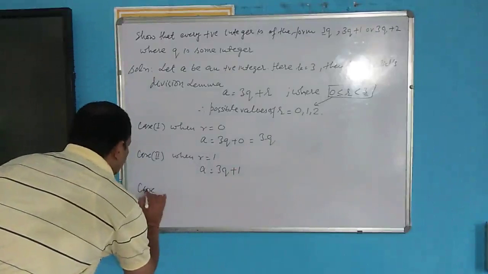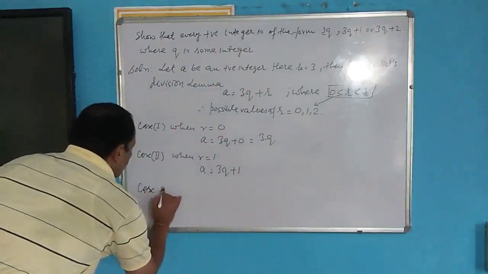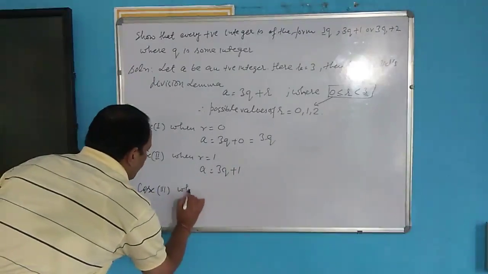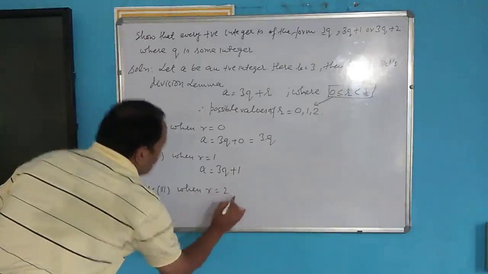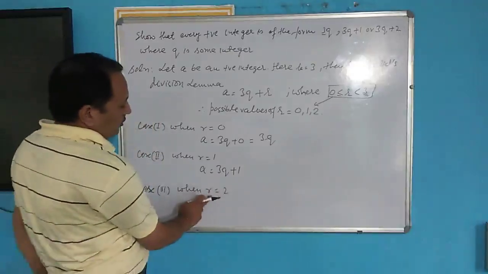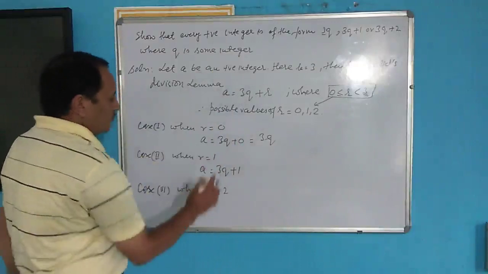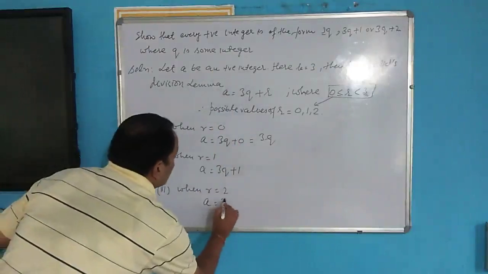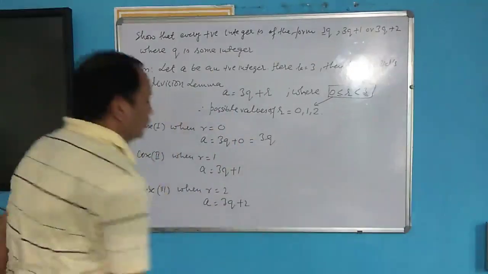Case 3, when r is equal to 2, we will put value of r equal to 2 in this equation, then a comes out to be 3q plus 2.